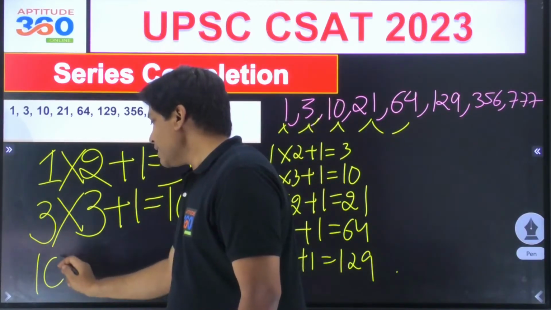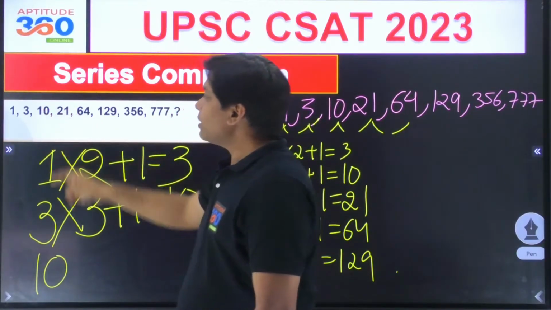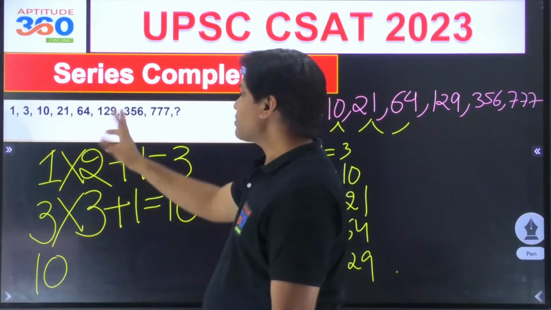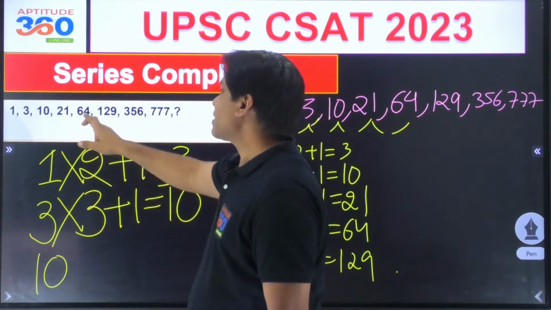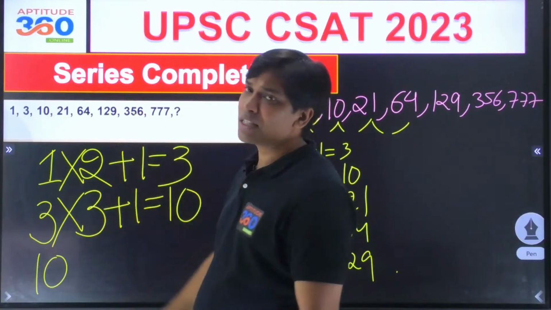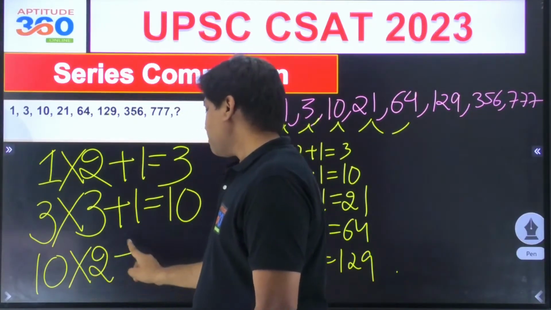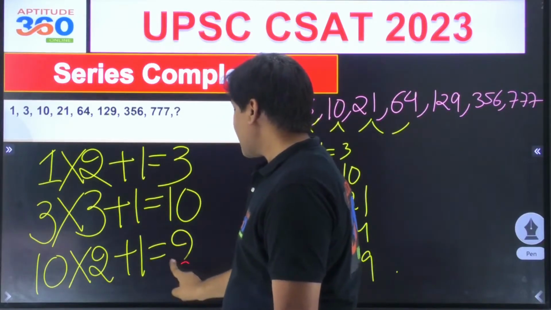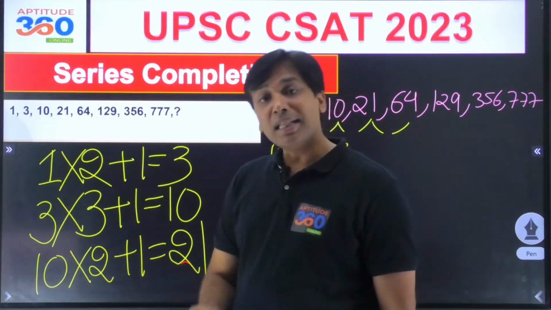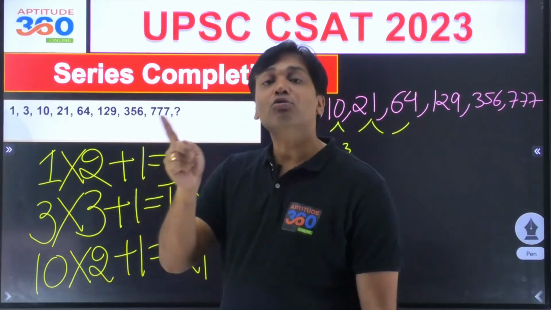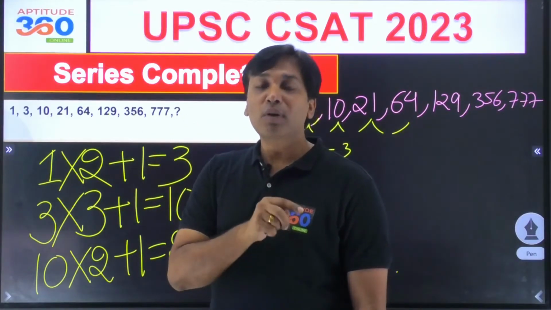And then from here to here, this is 2 times. Understand, around 2 times, then around 3 times, then around 2 times, then around 3 times. So pretty simple, 10 into 2 and plus 1, this one is coming out as 21. And next 21 into 3 plus 1. Are you understanding this, Prisha?